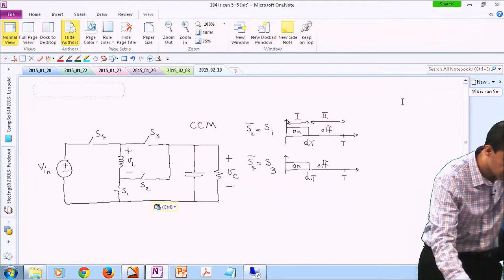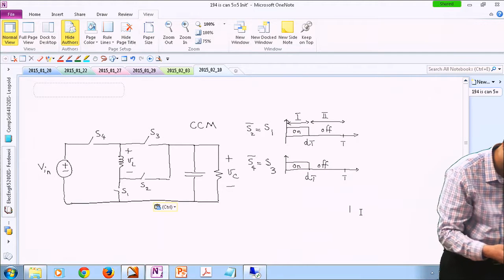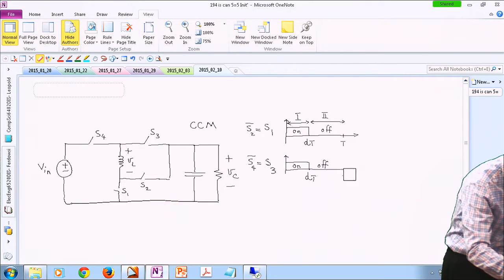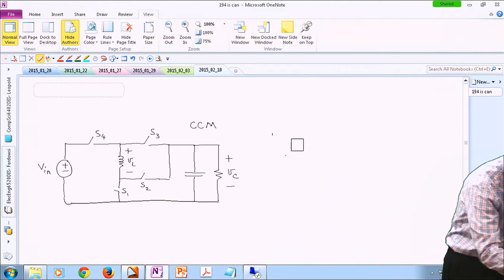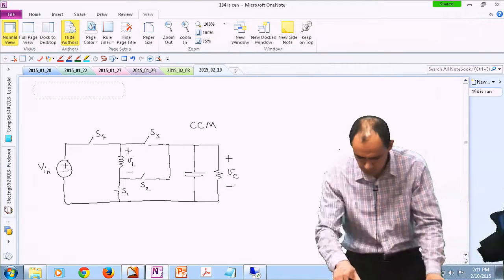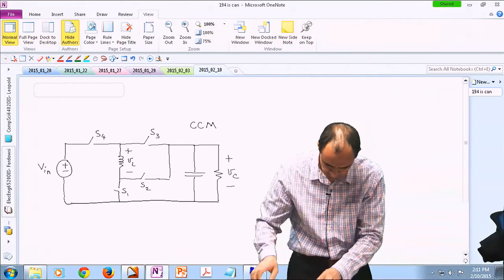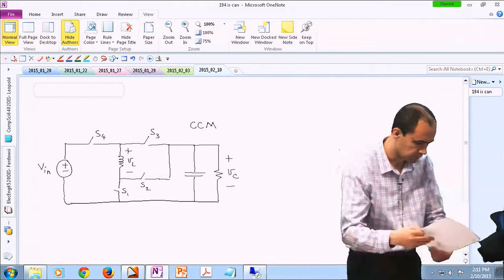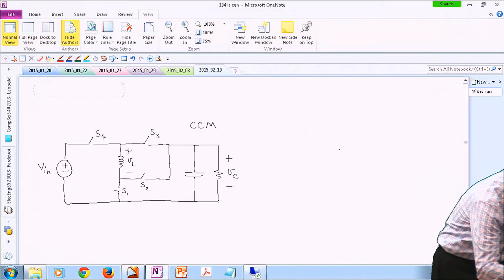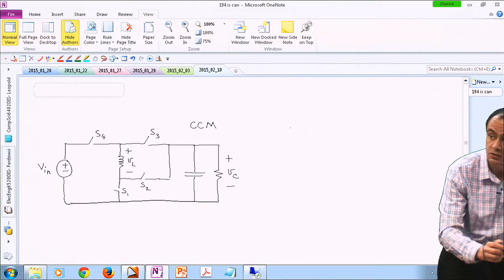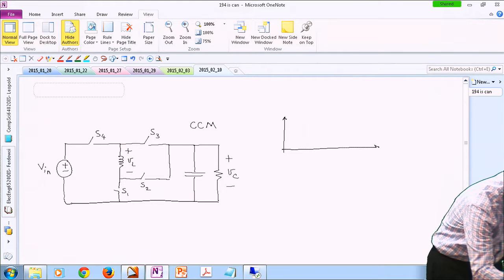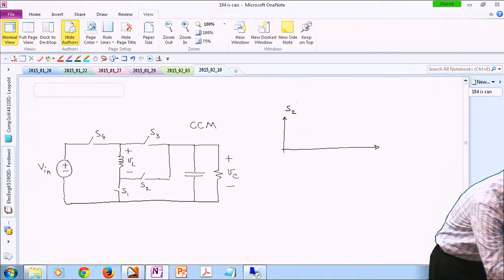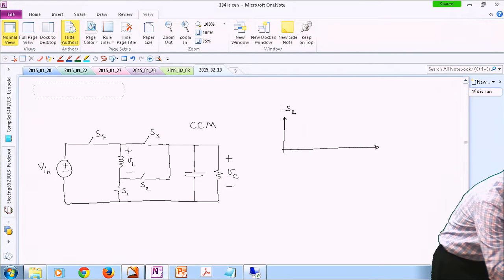So the more general case, let's erase this. So we are focusing on switches S2 and S4 as our active switches. S2 is the complement of S1.